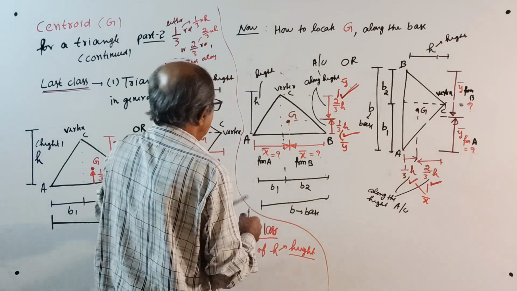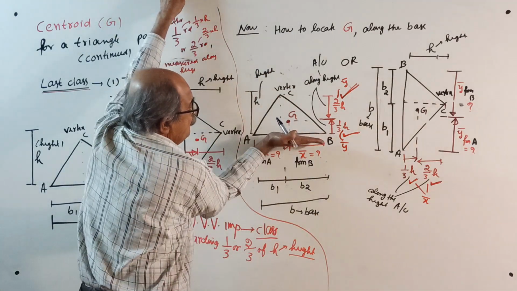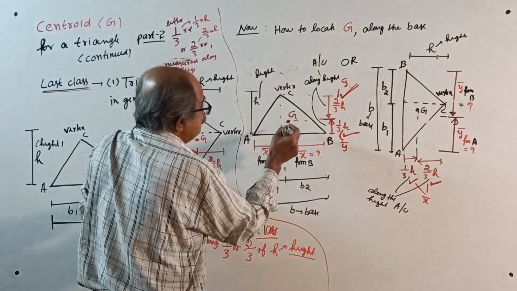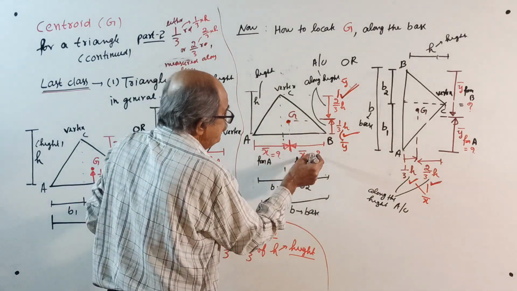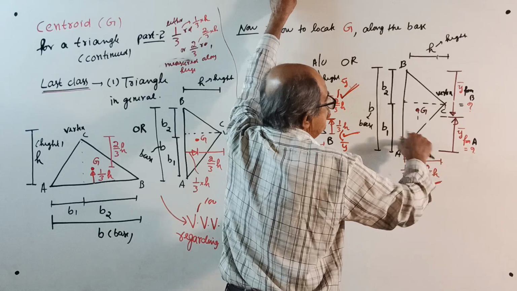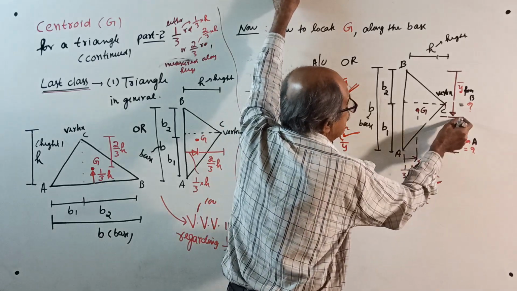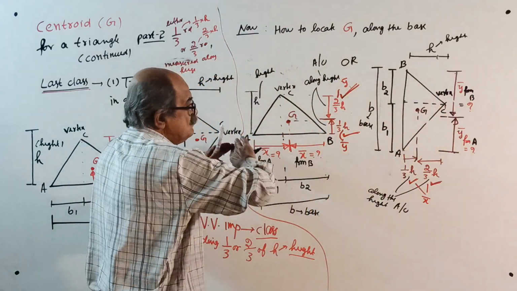Now the problem is, this way is known, base, height, this way is known. What about this way? If the centroid is here, what is this distance? What is this distance? This way is known: 1/3, 2/3. What about this distance and this distance? As per this sketch, this will be X bar.